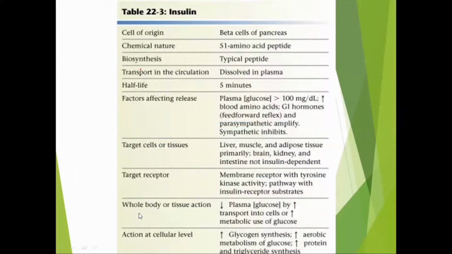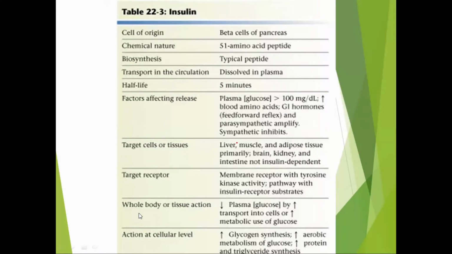So this is just a synopsis of insulin, in which you can see the cells of origin, beta cells; structure, 51 amino acid peptide; biosynthesis from the typical peptide; transport in circulation dissolved in plasma; half-life 5 minutes; factors affecting release, mainly the plasma glucose level. Then the GI hormones, this feed-forward reflex, and this parasympathetic amplification.